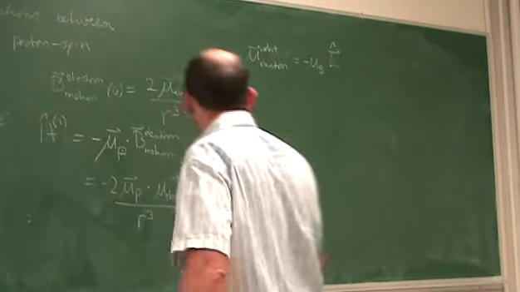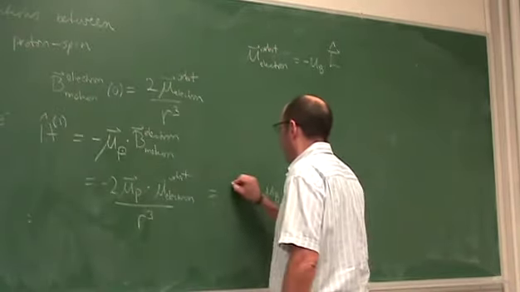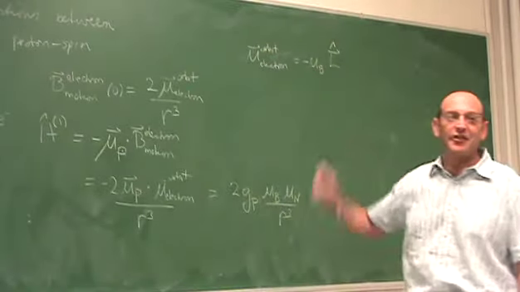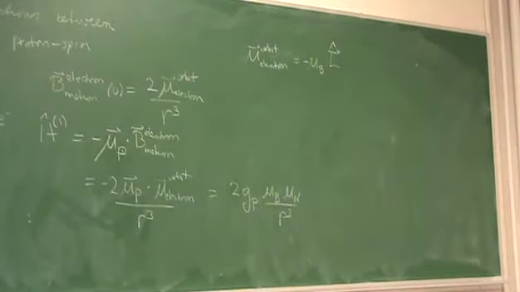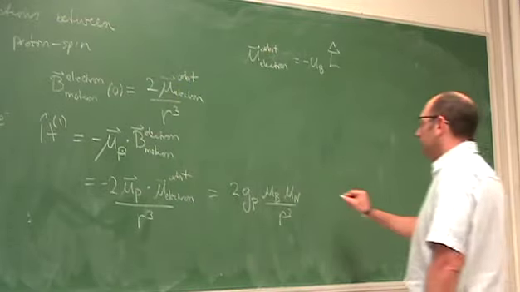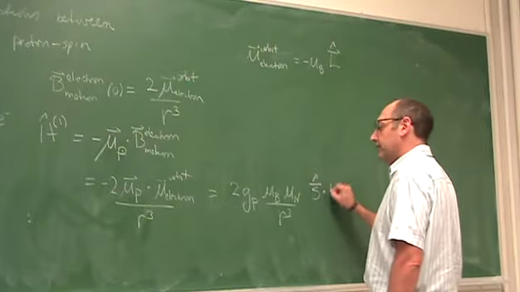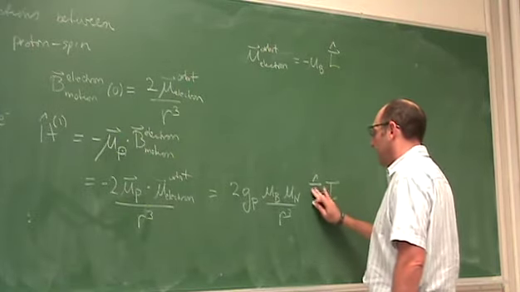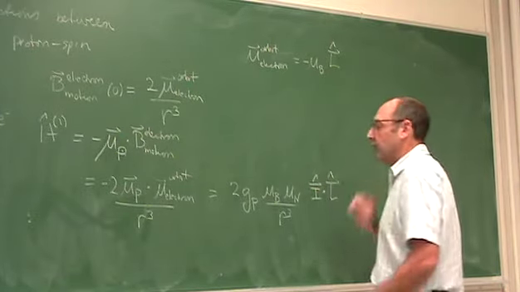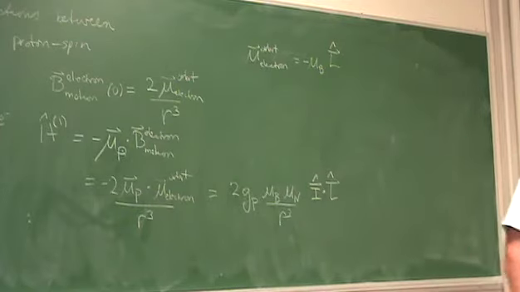Oh no, where did I get that 4? No more there. Okay, there's no g factor for the electron. So times the spin of the proton dotted into the orbit. Okay, so that's one effect.